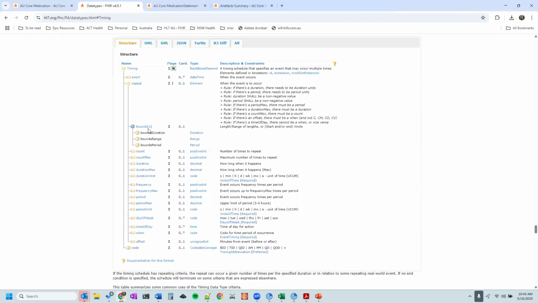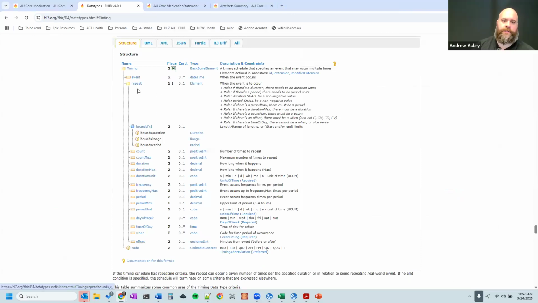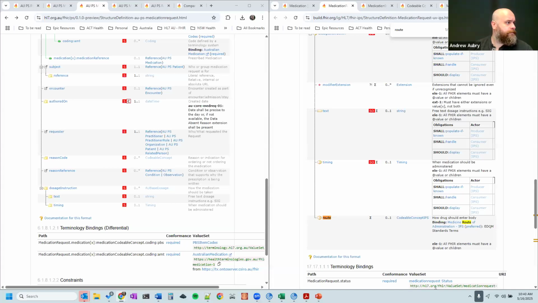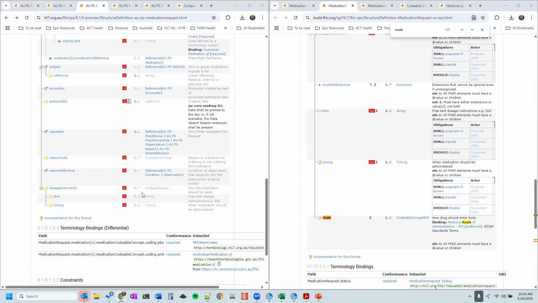So broadly with the timing, you can do frequency, duration, and repeats. And as he said, they are looking at how to make that more specific: days of the week, times, and you can even go back to the good old QID and stuff like that if you want. The problem is that there are many ways of representing the same thing. Absolutely.